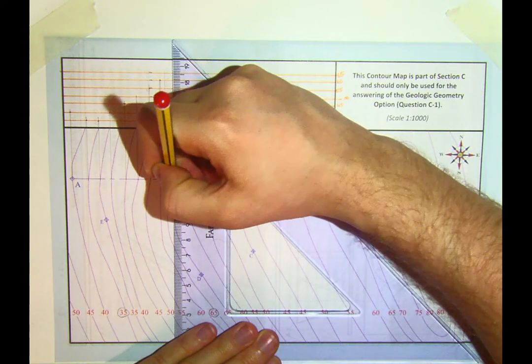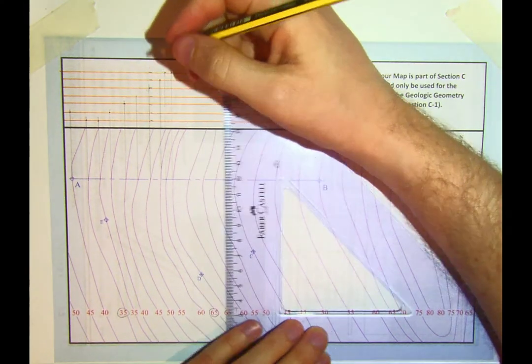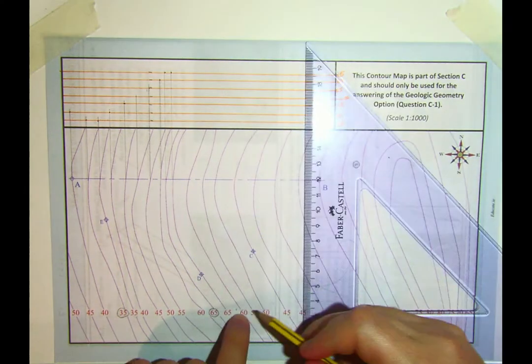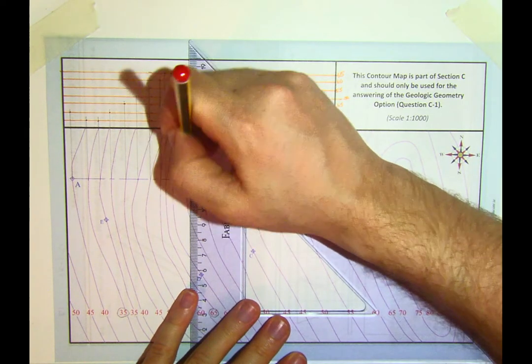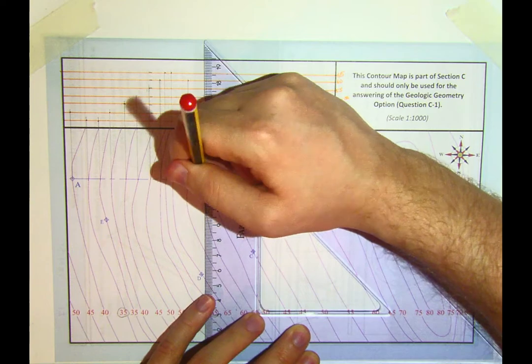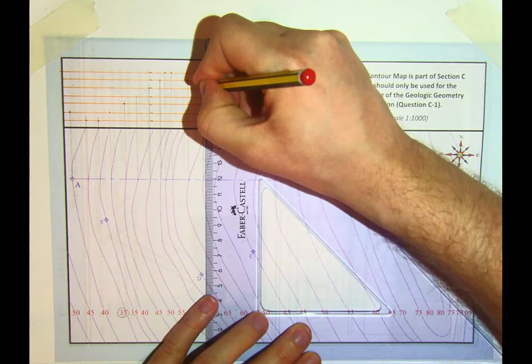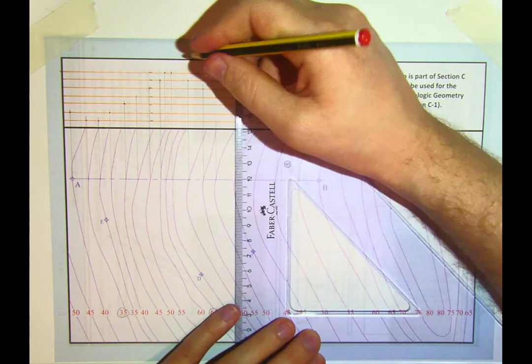and 65 again, then back down to 60. So again, following the 60 line, it's up here where it's cutting it. 55 next, 50.